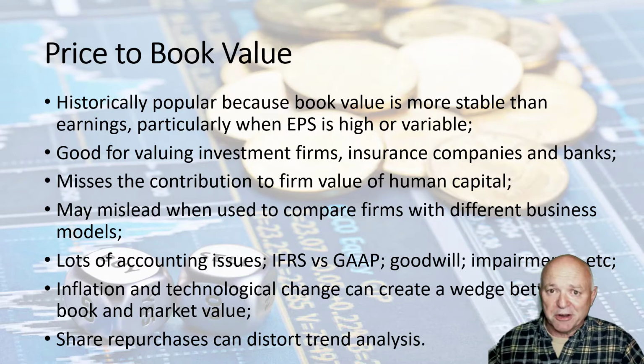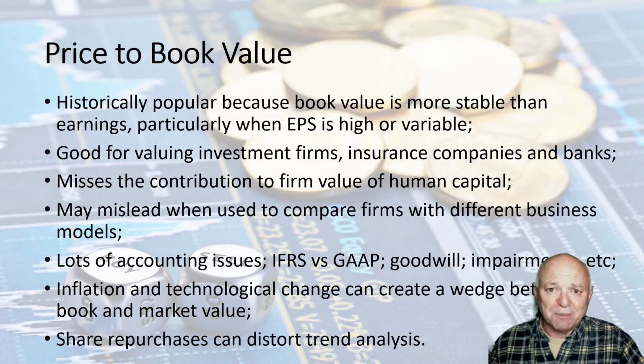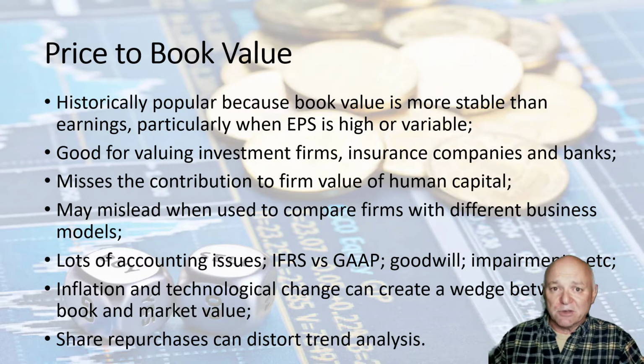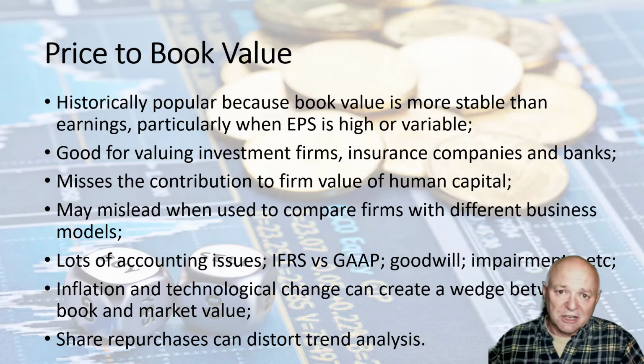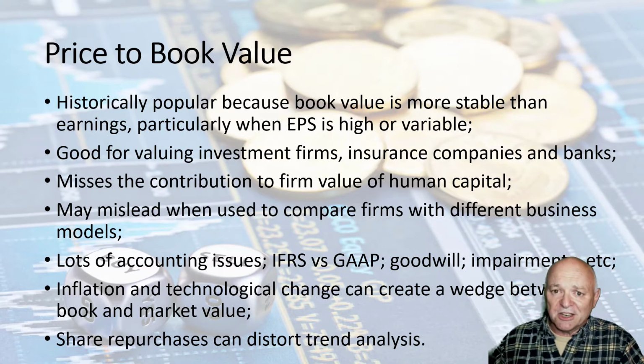For example, if we're comparing British and US companies or Japanese companies, the IFRS approach versus the US GAAP or Japanese GAAP approach might give us very different valuations. There may be different adjustments for goodwill, impairments. Pensions are often valued very differently in different accounting standards and pension obligations. So those things may give us a very different book value for the firm.